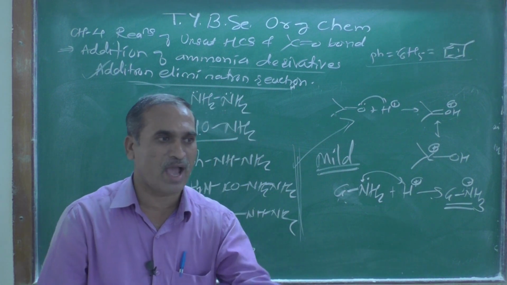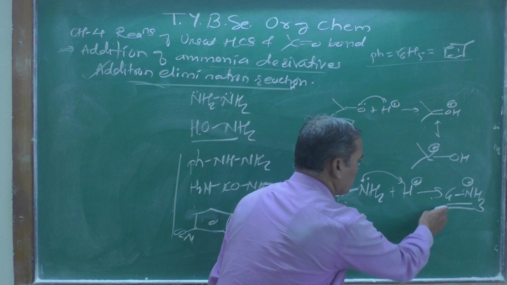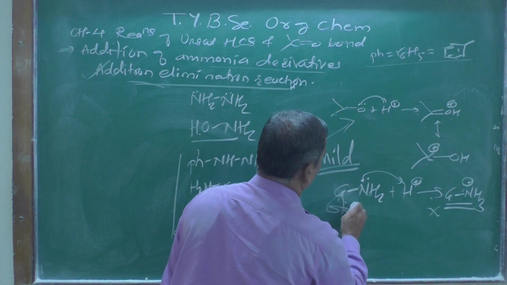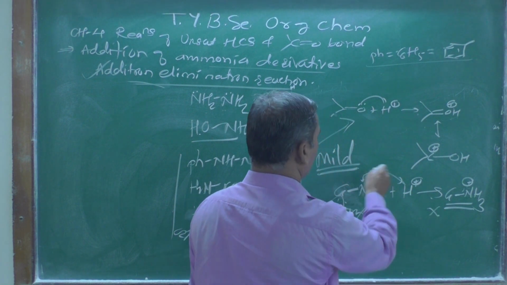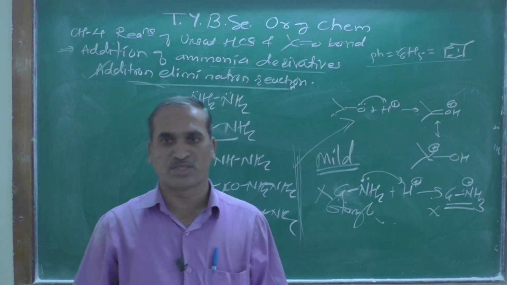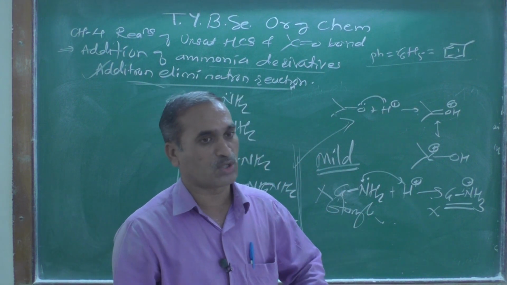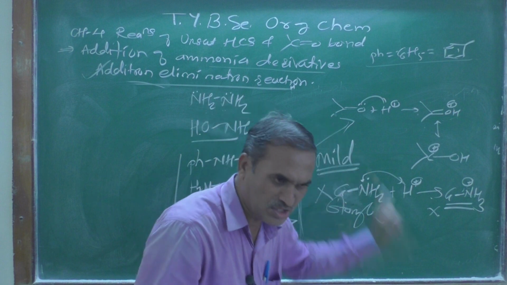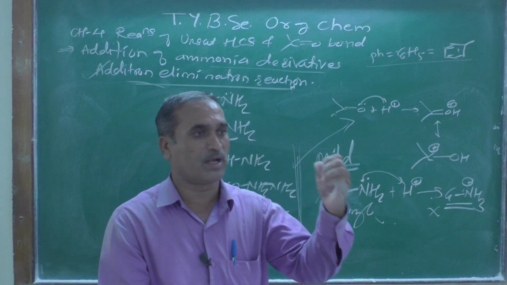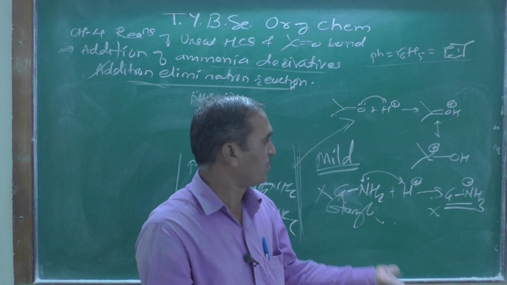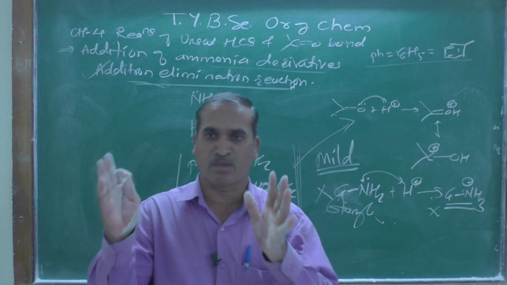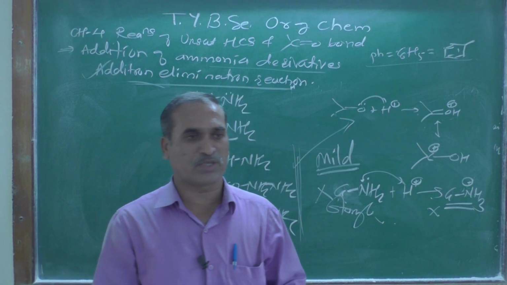It does not react with the carbonyl group, and due to this reason, in strongly acidic condition this type of reagent does not react, because it itself gets protonated and becomes deactivated in nature. They do not react with the carbonyl group, and there will be no formation of the product.